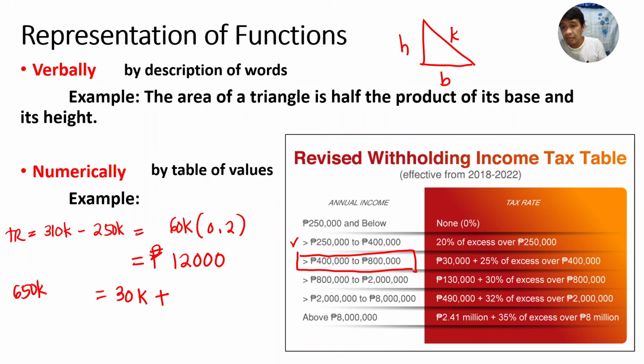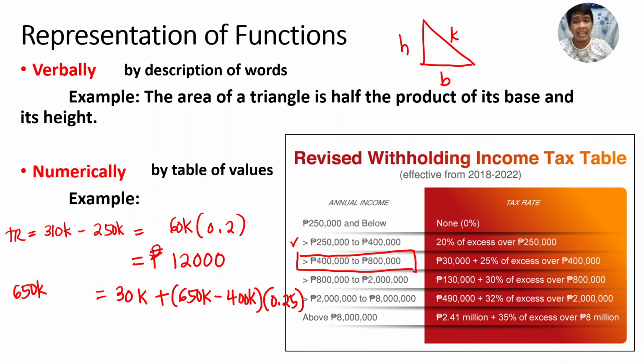So ibig sabihin, yung 650,000 na kinikita, ima-minus dun sa 400K, and then imumultiply natin sa 25%, which is 0.25. So, that's 30K plus 650 minus 400,000, imumultiply natin sa 0.25.